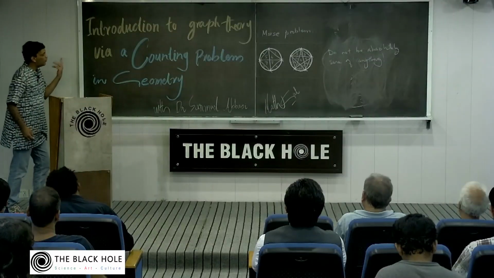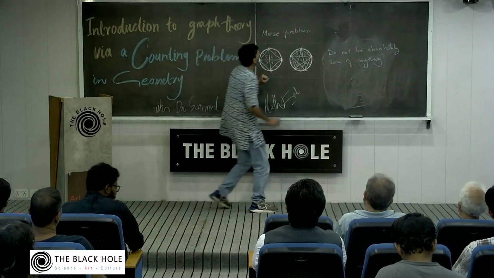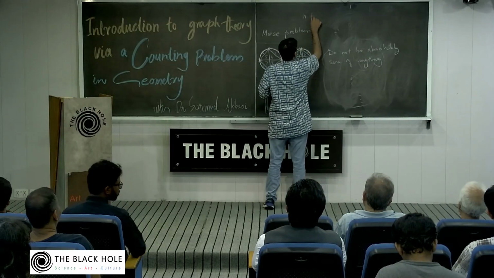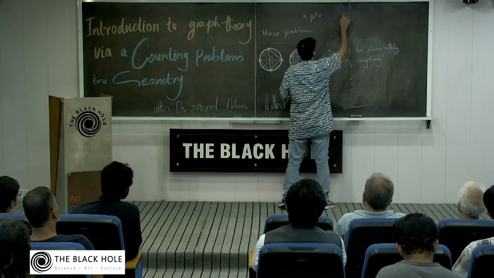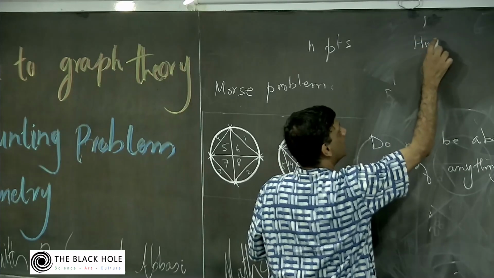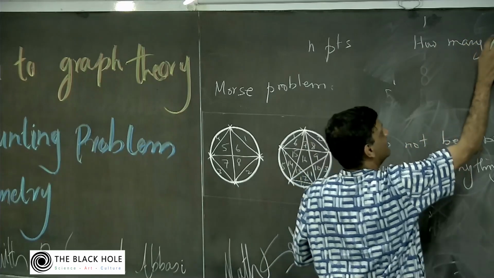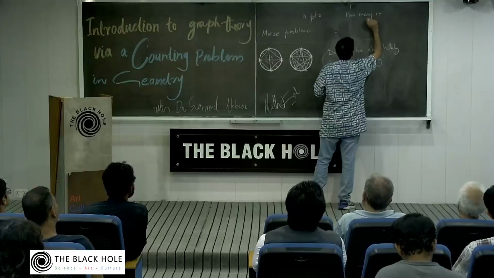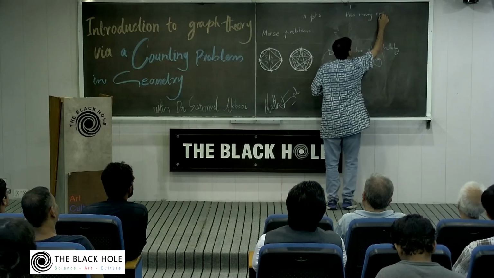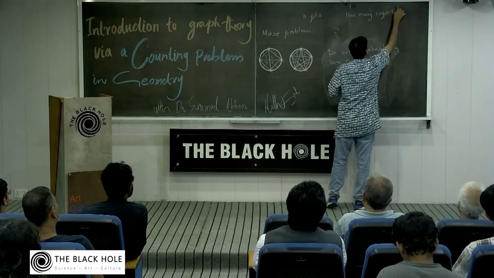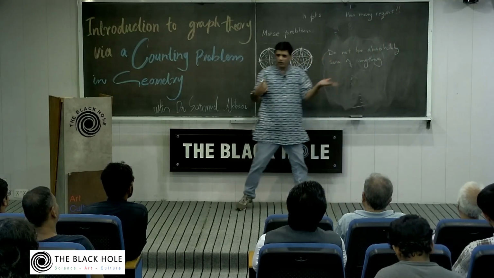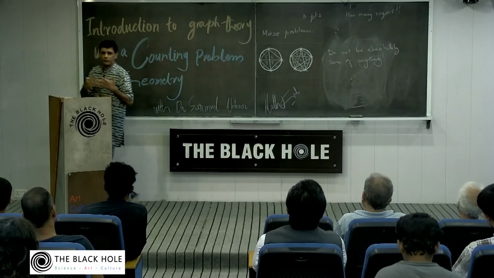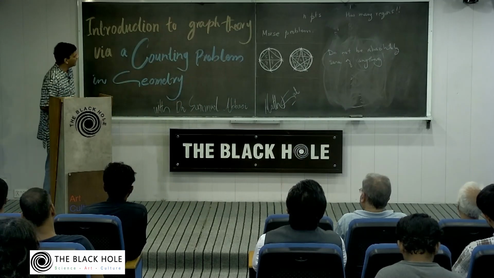So the Moore problem is, what about n points? If you put n points, how many regions? If it can be captured in a formula, give us that formula.